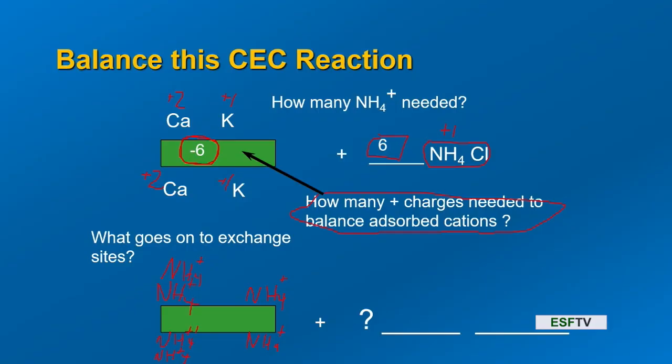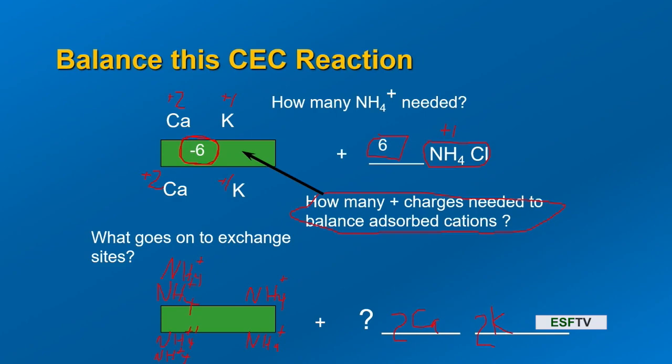I've counteracted where I pushed these things off with enough charge of ammonium to replace it evenly. Okay? And so what's out here in solution? What have I done? Well, the calcium has come off and the potassium's come off. Right? So I have calcium and I have potassium. How many? I've gotten two calciums and two potassiums.